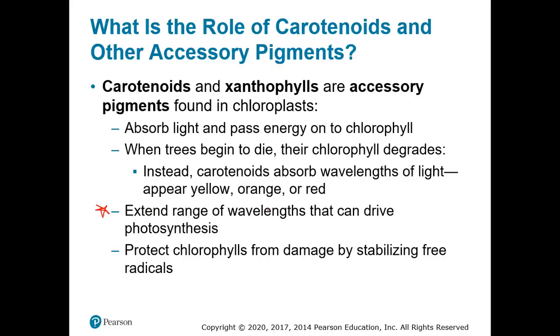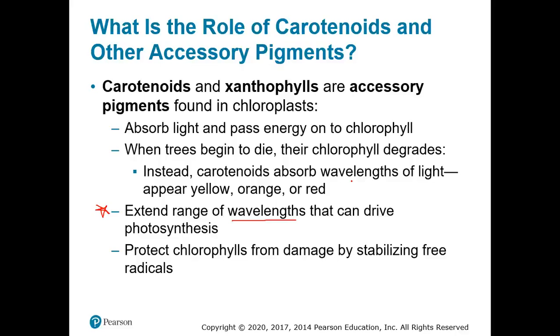So even though they are not as efficient as chlorophylls, we want to be able to capture as much light energy as possible, and that means capturing as many wavelengths as possible. So we increase our efficiency using both types of pigments at once. How carotenoids work is they absorb that light energy, but they pass that energy on to a neighboring chlorophyll molecule.